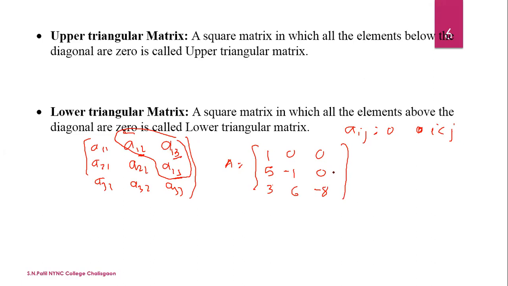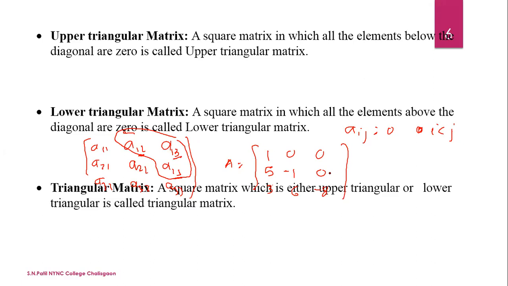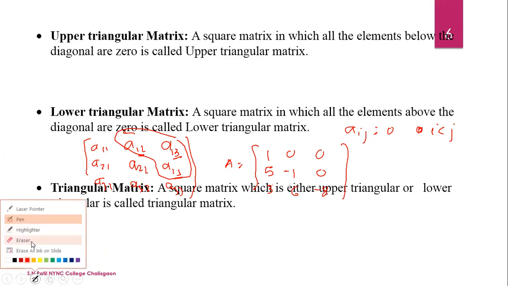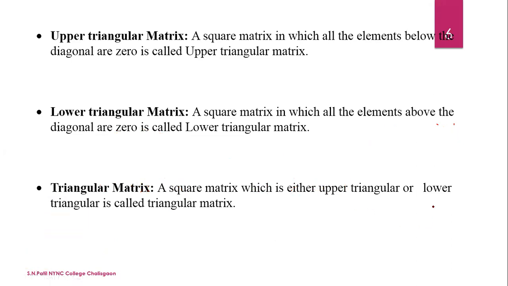And when a matrix is either upper or lower, that is called a triangular matrix. The definition of triangular matrix means it should be either upper triangular or lower triangular. Okay, now next, symmetric matrix.